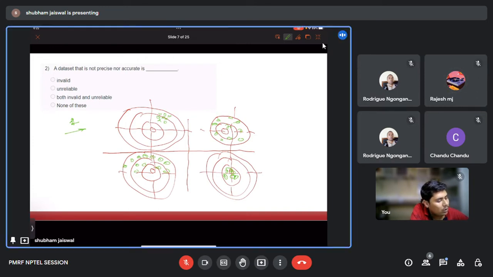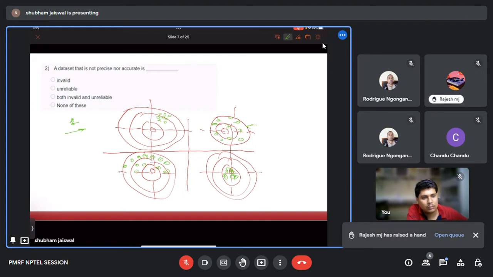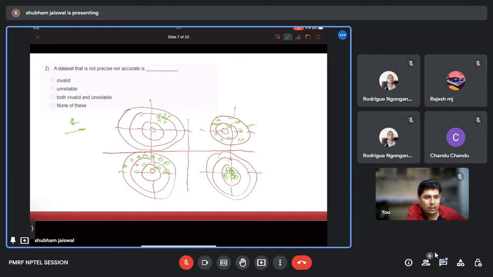So this data is precise, but not accurate that much. This one is not precise but accurate. And this one is precise and accurate.